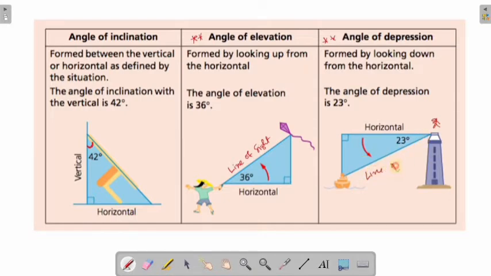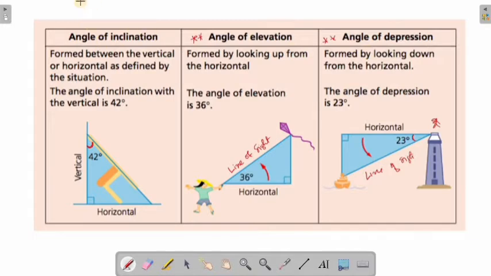The angle formed by the line of sight and the horizontal by looking down is called angle of depression. For example, in this case this angle is given to be 23 degree, so the angle of depression here is 23 degree. So this is all about angle of inclination, elevation and depression.